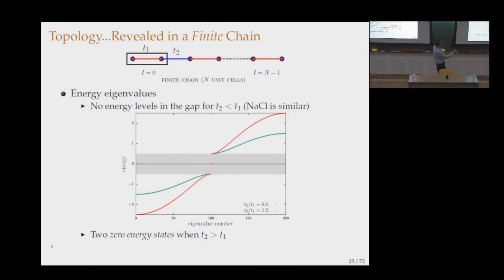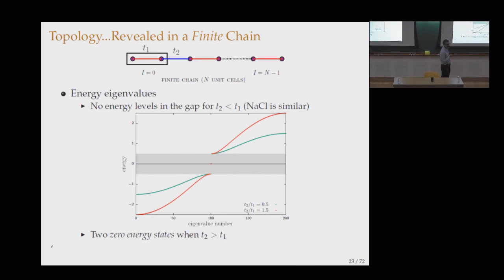And you see, oh, it looks exactly the same. But hey, this is not a bug, it's a feature, right? You just get these two little dots here, which are two eigenstates almost exactly at 0. So when T2 by T1 is less than 1, you have no states in the gap. When T2 by T1 is greater than 1, you pick up two states in the gap.